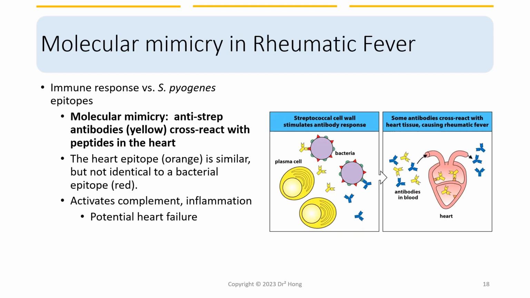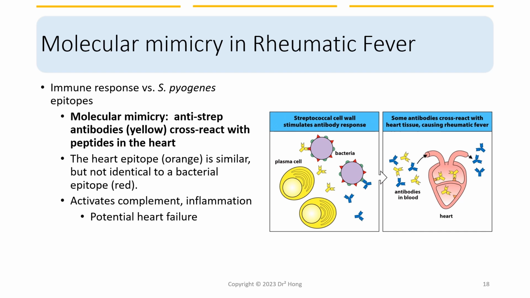Here is an example of how rheumatic fever develops. The adaptive immune system mounted an immune response to streptococcal infection and generated antibodies that can react to the bacterial cell components. But some antibodies are specific to the bacteria.